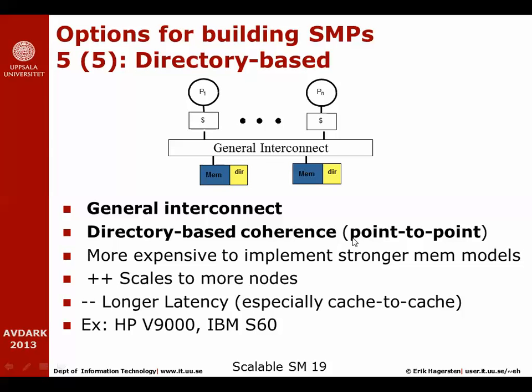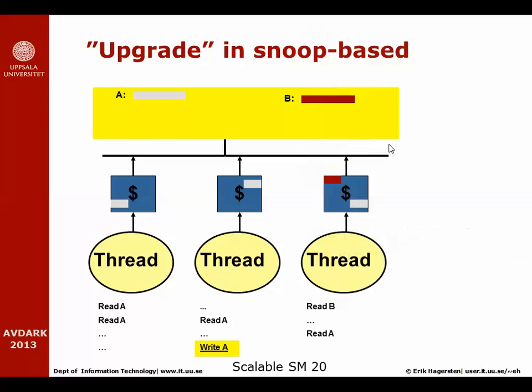There have been numerous examples of commercial implementations using this technique. The V9000 is probably the most famous one from HP. So now we're going to look at how to implement this kind of point-to-point cache coherence, directory-based protocols.